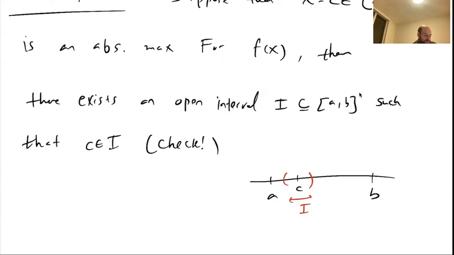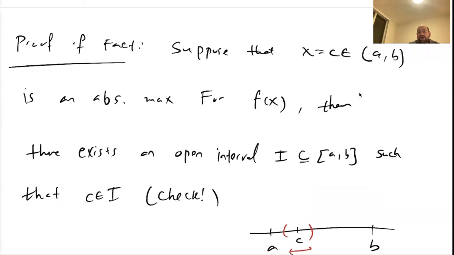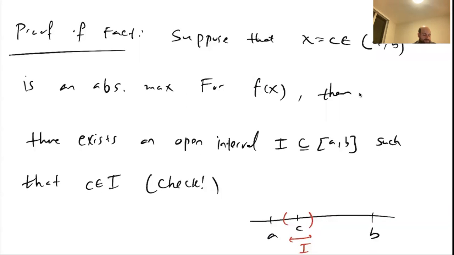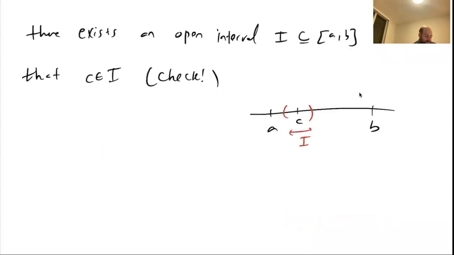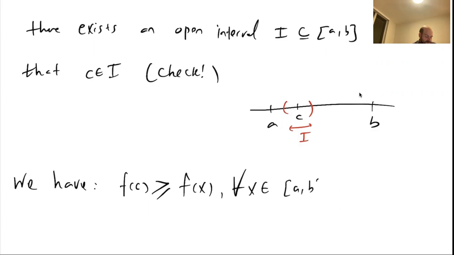So that's one condition for local max. And the other condition is that f of c must be the biggest output compared to all outputs inside I. But because c is an absolute max, f of c is the biggest output compared to all outputs of the domain, and of course compared to all outputs inside I as well, right? So the other condition will be valid automatically. So we have f of c is the biggest one compared to all outputs inside the domain a to b.